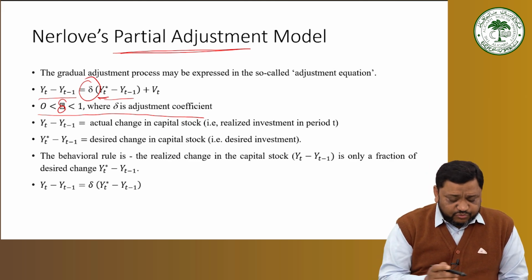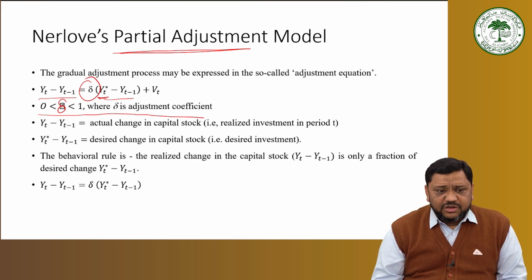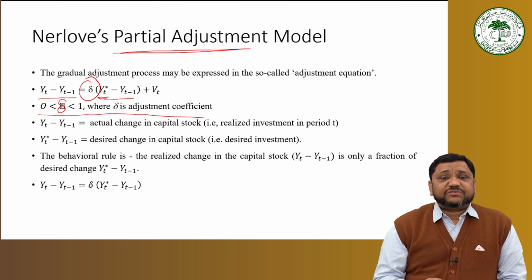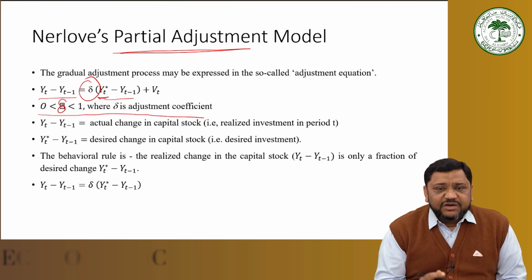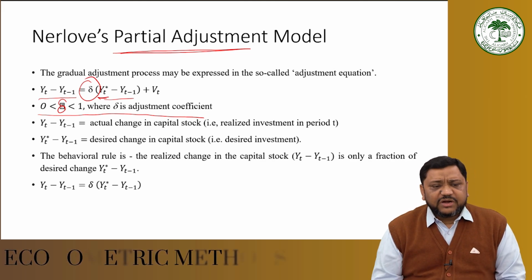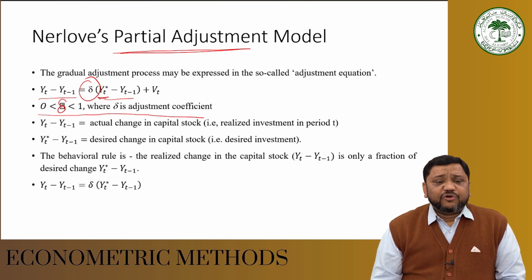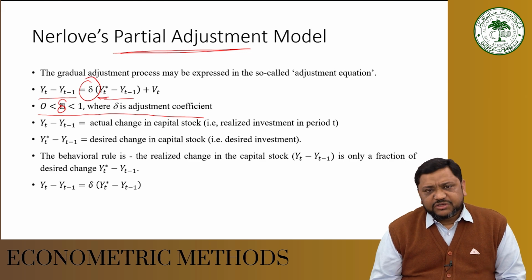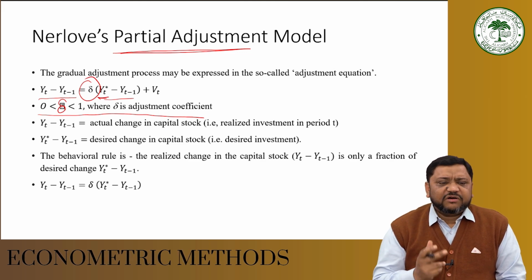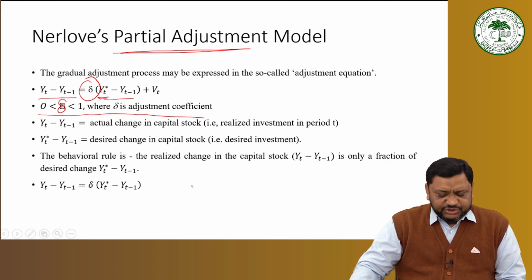Yt minus Yt minus 1 is the actual change in the capital stock, and Yt asterisk minus Yt minus 1 is the desired change, something which you want and something which you get. The behavioral rule is that the realized change in the capital stock is only a fraction between 0 and 1 of the desired change.